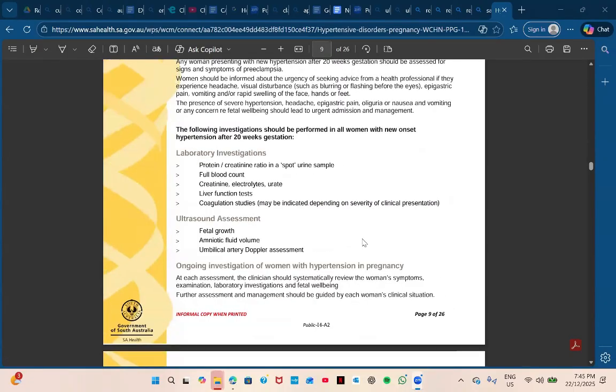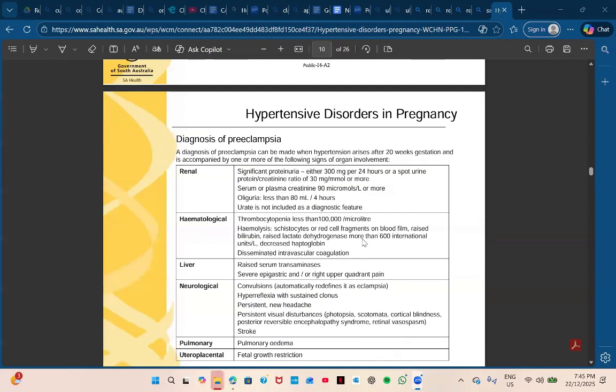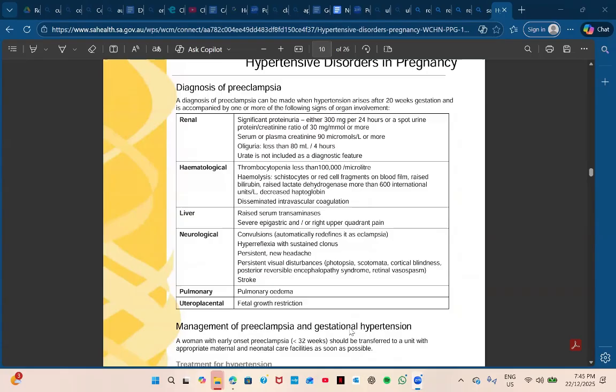But they haven't mentioned anything about the fever, right? They have oliguria and everything mentioned. These are the complications, the renal, hematological, liver ones. You can read it.